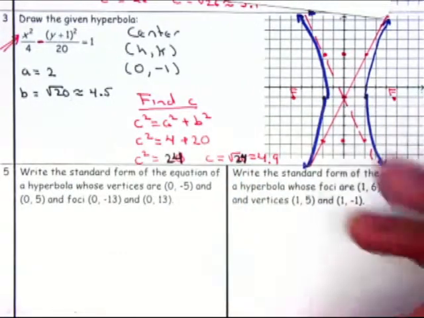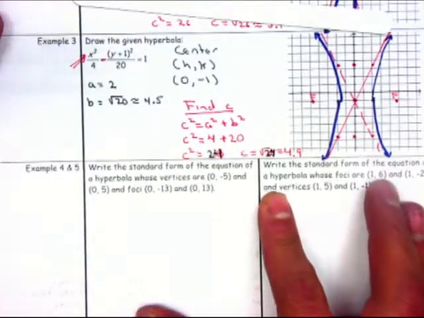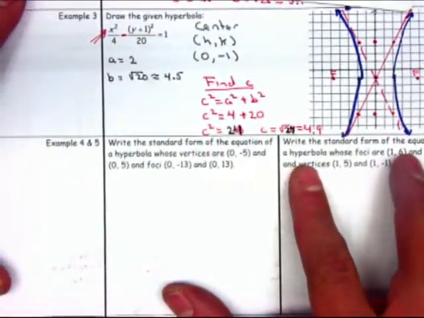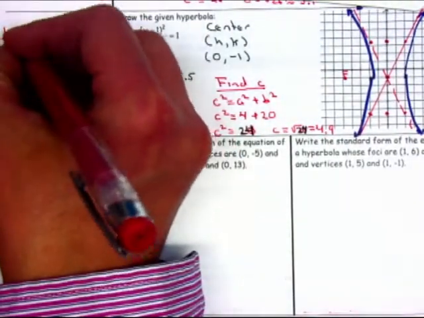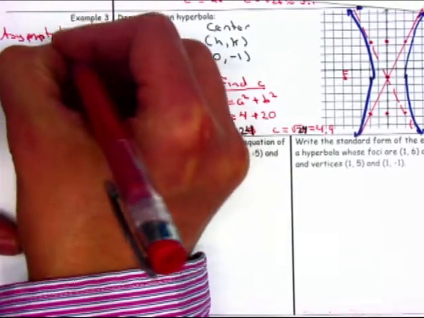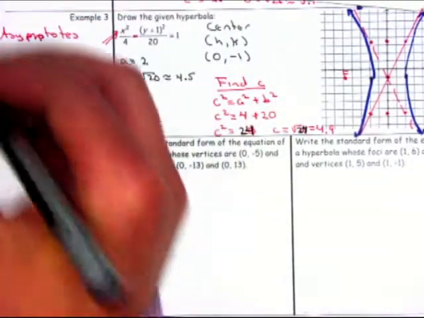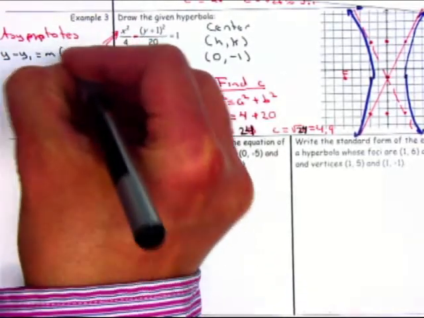The last thing that we need to do is to find the equations of the asymptotes. And we are going to be using our point-slope form. That is y minus y1 is equal to m times x minus x1.